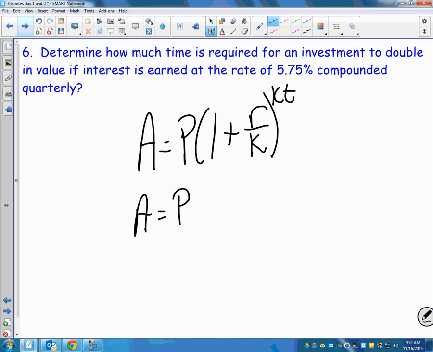It seems like we're missing a lot of information on this, right? Because it just says for an investment to double in value, so they don't tell me what I'm starting with, but they do tell me the interest rate is 5.75, and quarterly means 4.